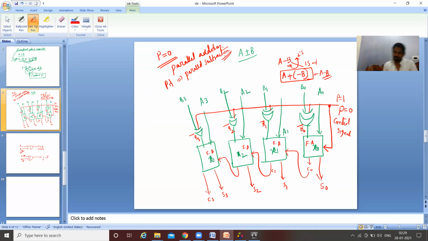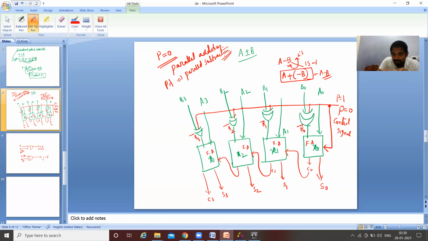This is very important. The exclusive OR gate is the one which acts as a buffer or inverter. When P is equal to 0, the exclusive OR gate acts like a buffer, so A0, B0, A1, B1, A2, B2, A3, B3 are connected to the respective adders, which results in addition.